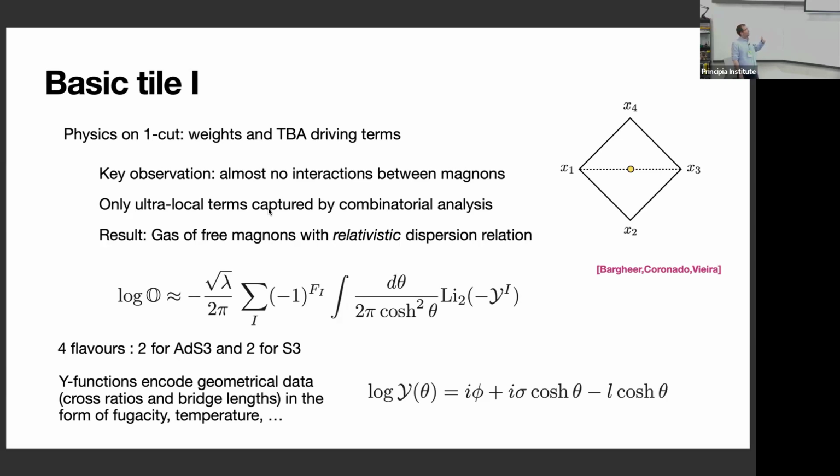Here we are putting 2 triangles together in a particular way, and so there are some geometric data like the cross ratios and so on, which enter the problem as fugacity or temperature, and they are just reflected in the way these Y functions, which are like Boltzmann weights if you want, depend on this geometrical data. Okay, so this is what we get from this analysis of Pedro and Frank.